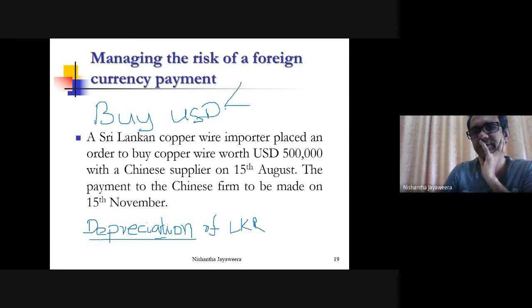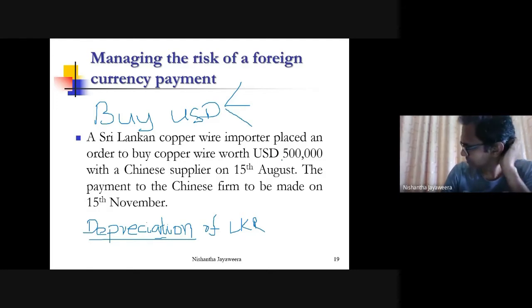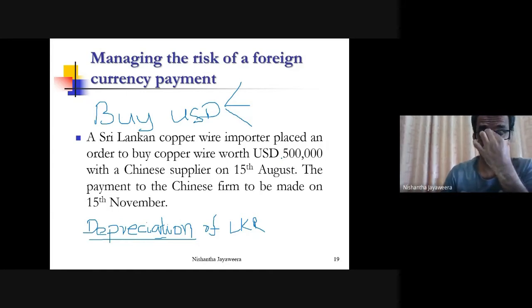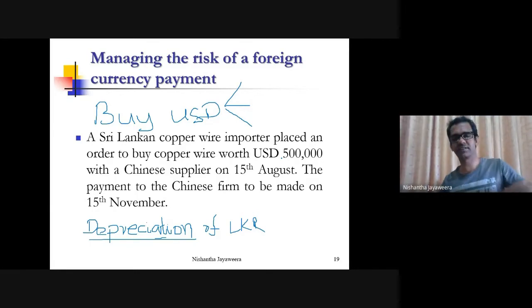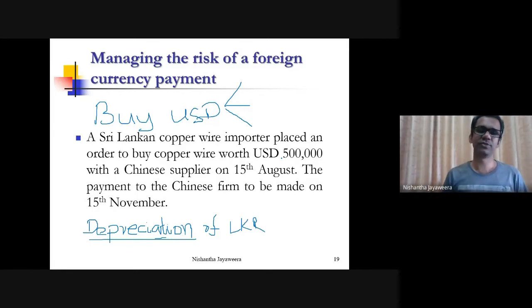What are the options? If you go back to the previous example and think about it and link it to the current situation, you would find the solution.